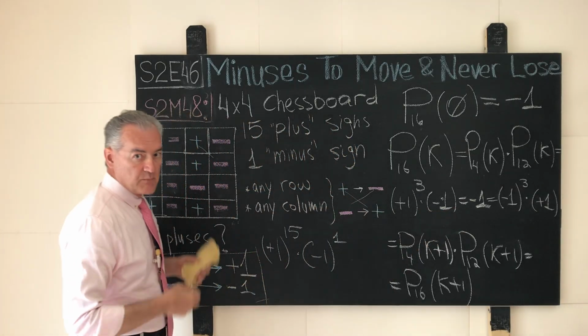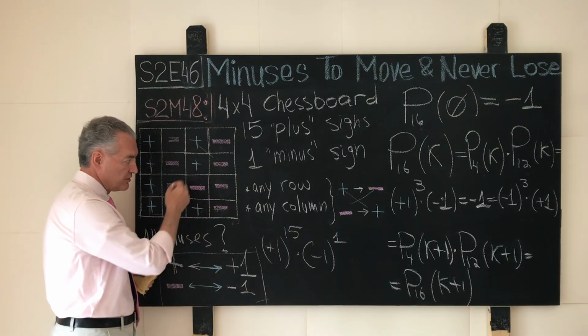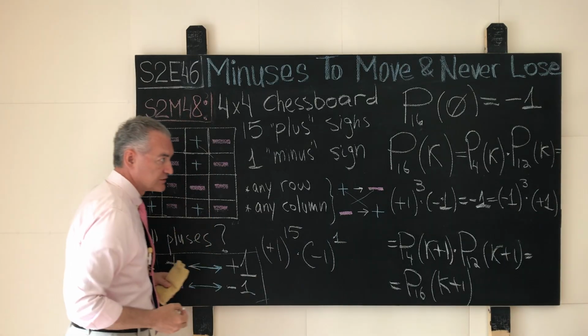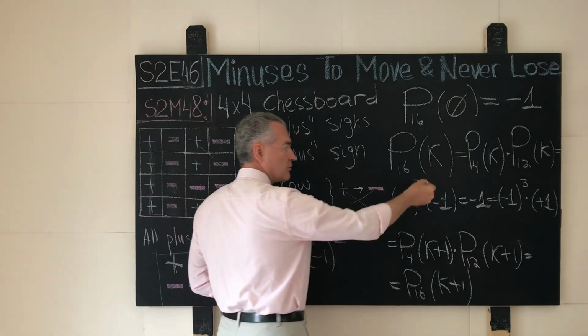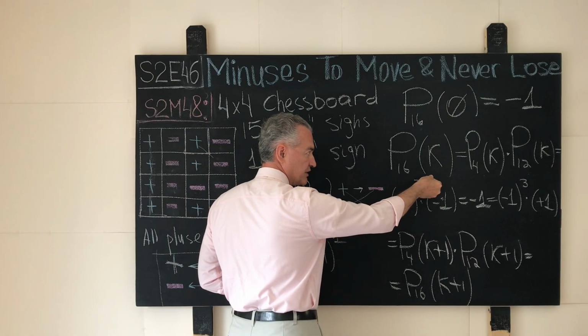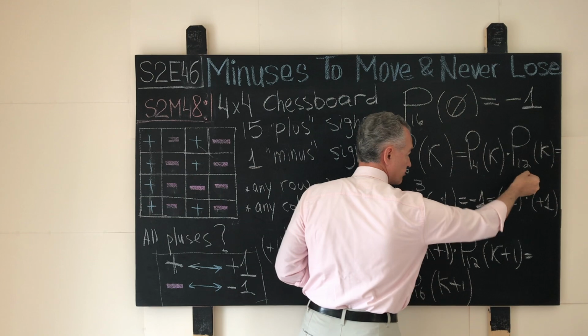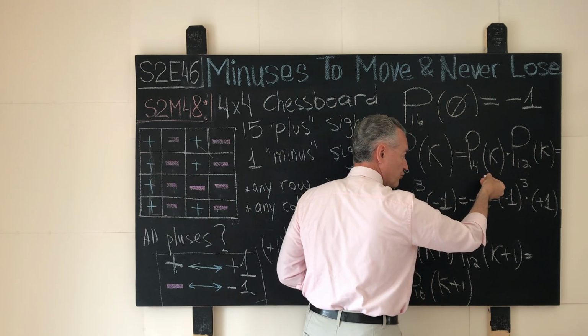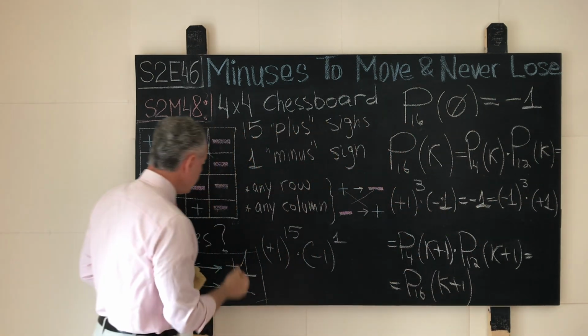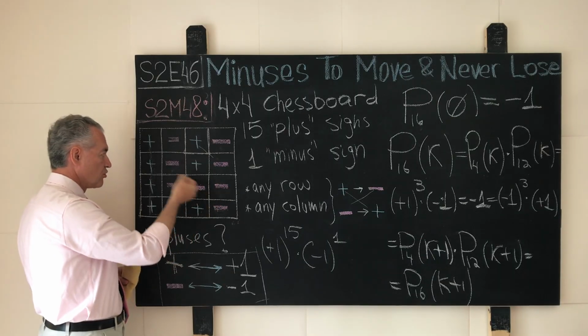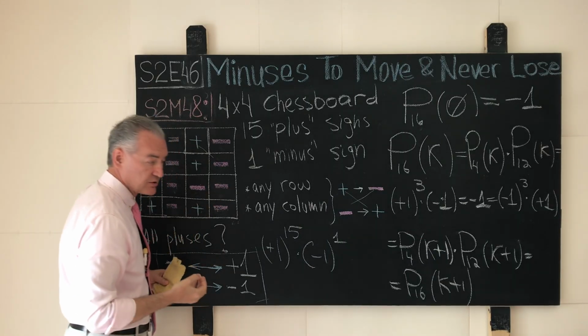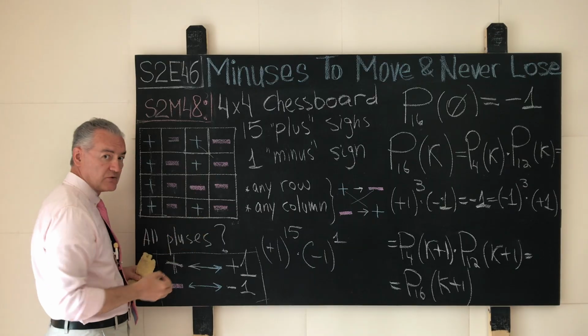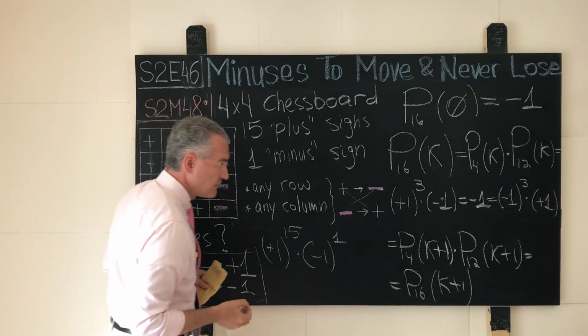And again, before we carried out this move at the time t equals k, the value of the product of all the numbers on the board was p16k. It can be represented as a product of 2 entities: the product of 4 numbers in the chosen formation, in the chosen row or column, times the product of the numbers in the remaining 12 squares. We don't care what it is.